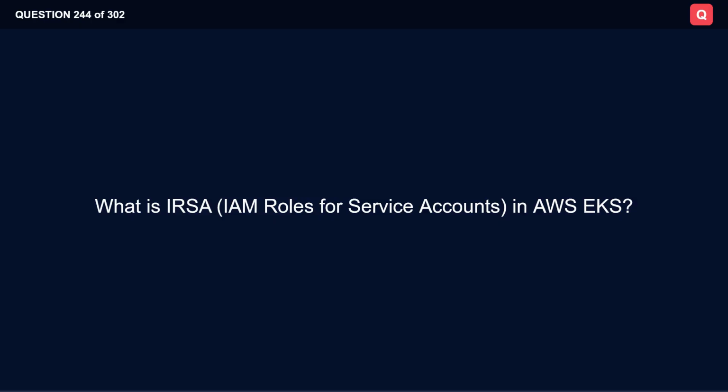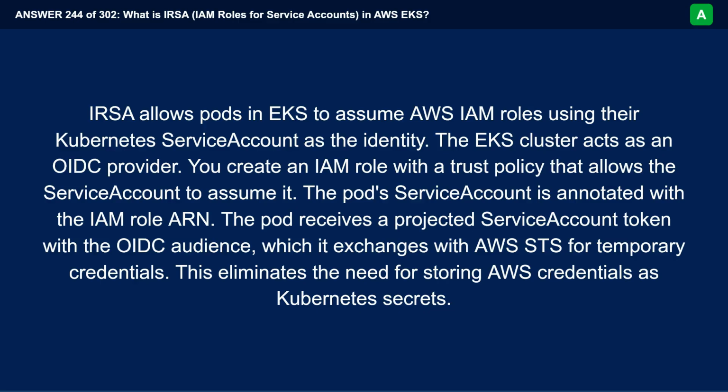What is IRSA, IAM roles for service accounts, in AWS EKS? IRSA allows pods in EKS to assume AWS IAM roles using their Kubernetes service account as the identity. The EKS cluster acts as an OIDC provider. You create an IAM role with a trust policy that allows the service account to assume it.